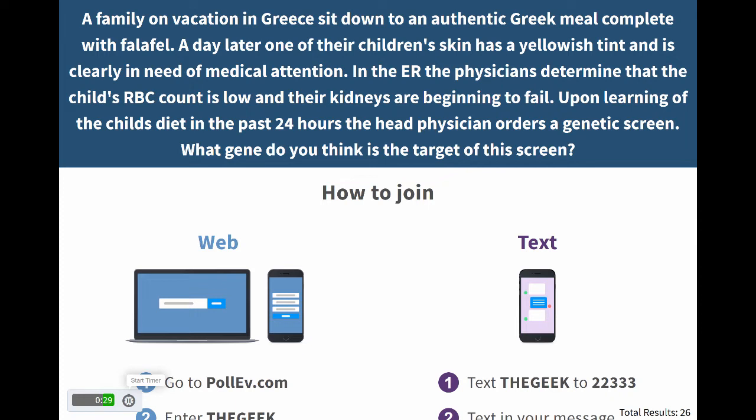About 30 seconds left, so submit an answer. About 5 seconds left, so submit an answer, even if it's a single letter. Get credit for being here.